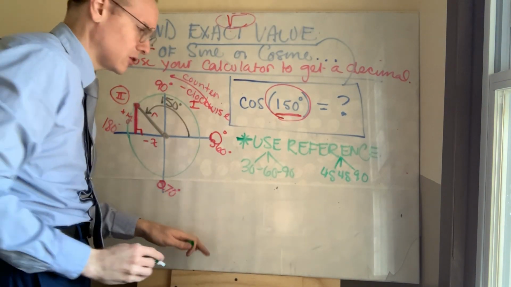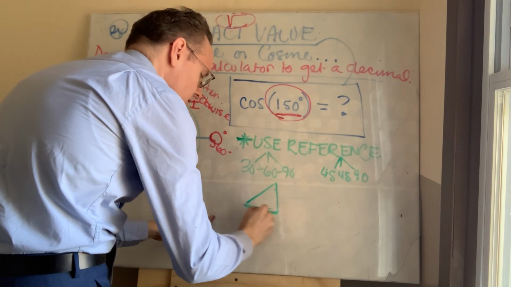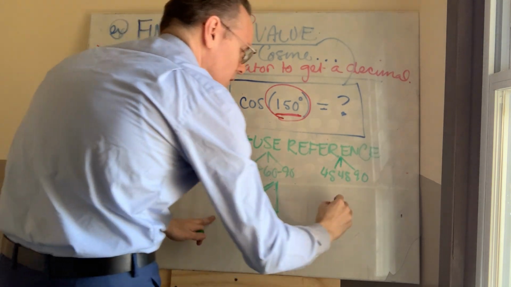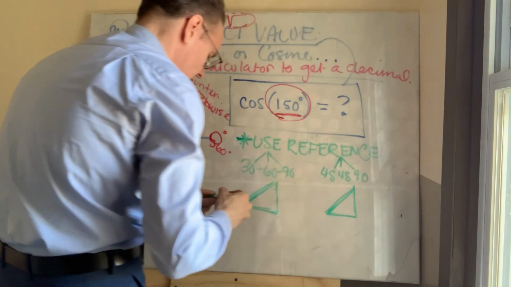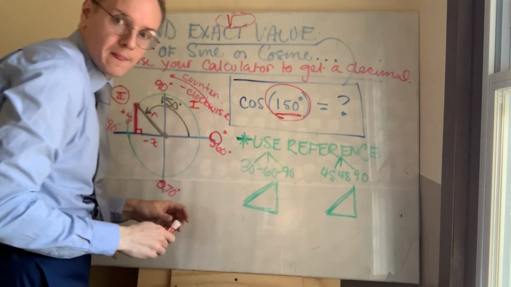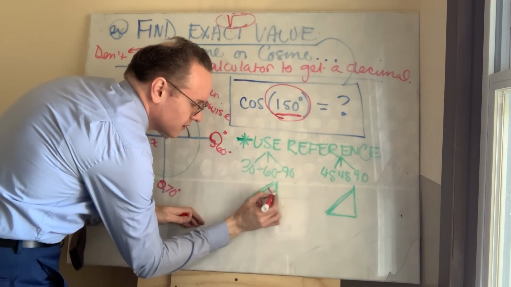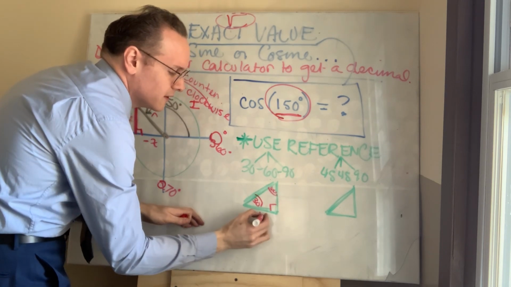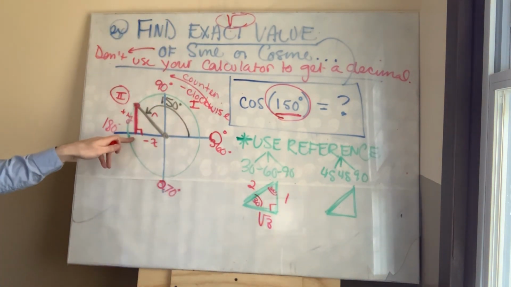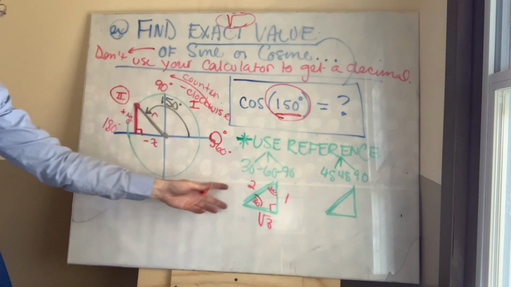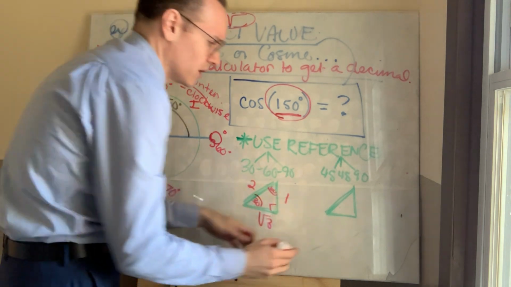Why do we need that? Because we know, oriented in the typical fashion, that if this is 30, 90, and 60, then these are the dimensions, and they will correlate to this triangle. We'll just have to change the orientation of this. We'll make it negative instead of positive.